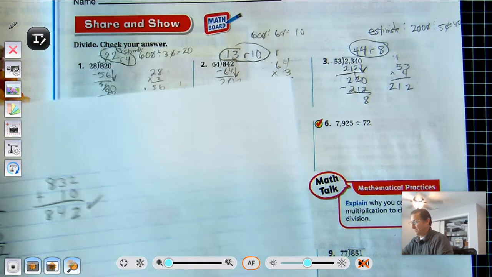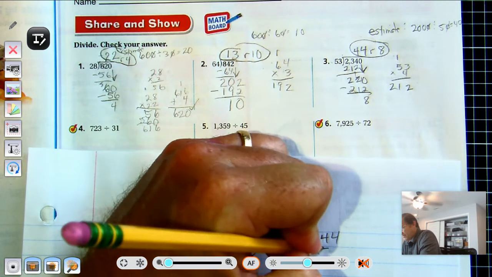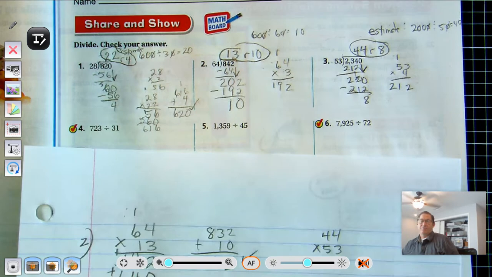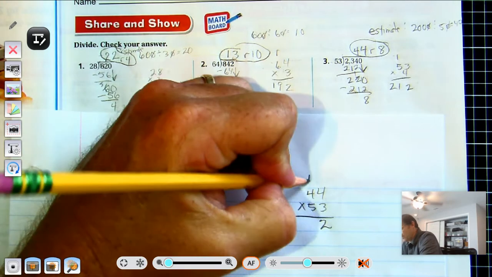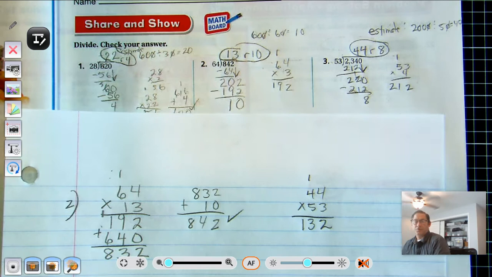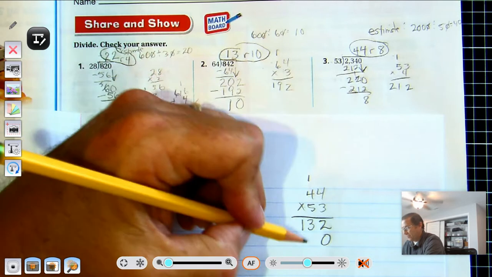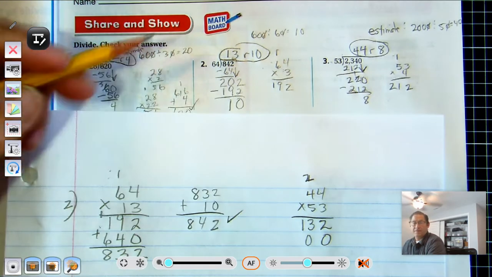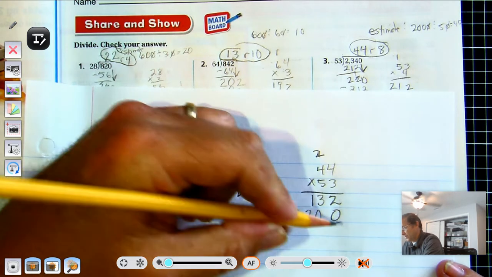Let's check our answer. 44 times 53 and add any remainder. Okay, so 3 times 44 is 132. Let's move to the tens. 5 times 4 is 20 plus the 2 regrouped tens, 22.